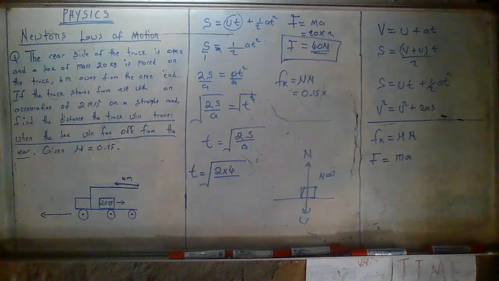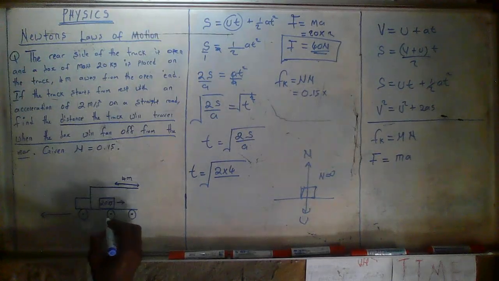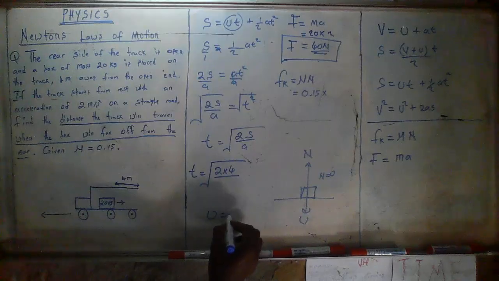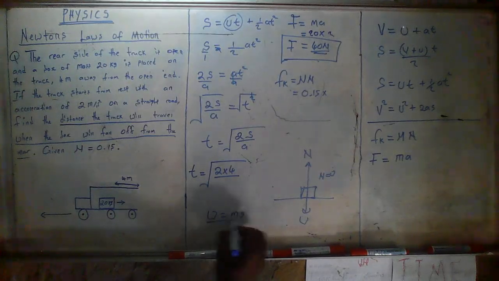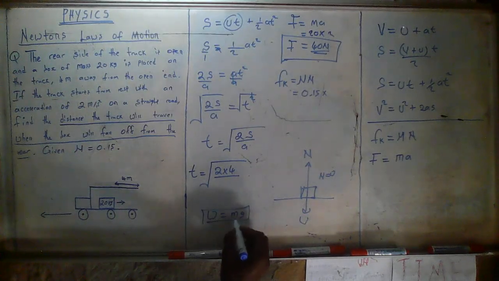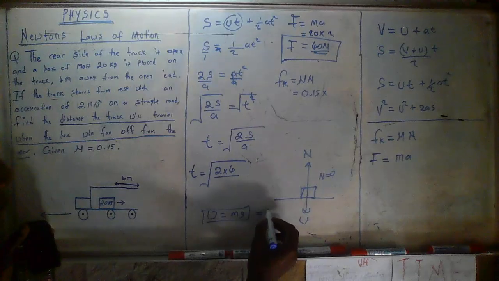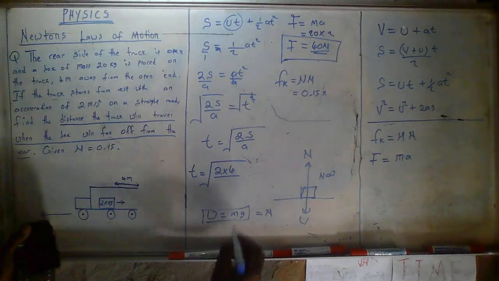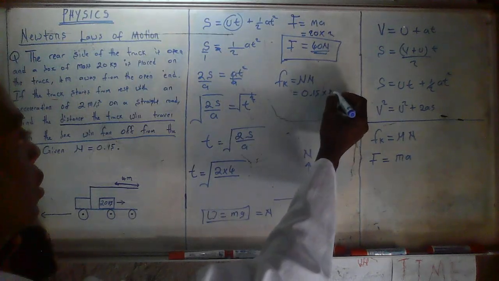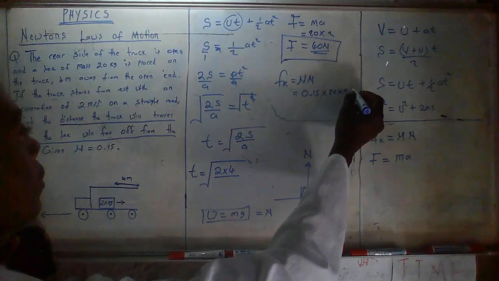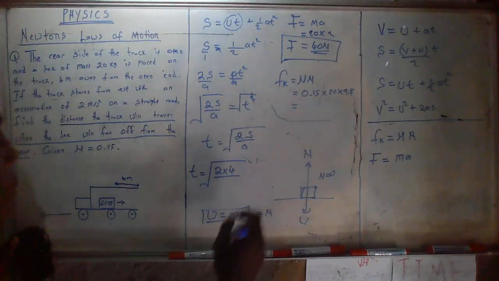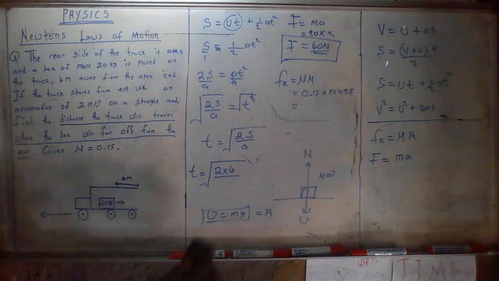What is the weight of the box? The weight of the box is mg, right? And this is the normal, right? So what is the mass? The mass is 20. G is gravity. Yes.